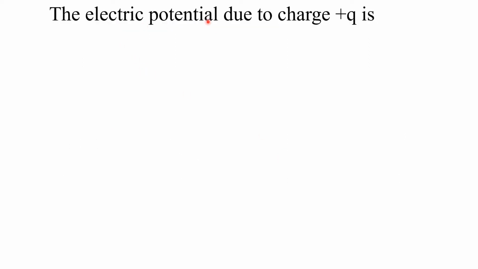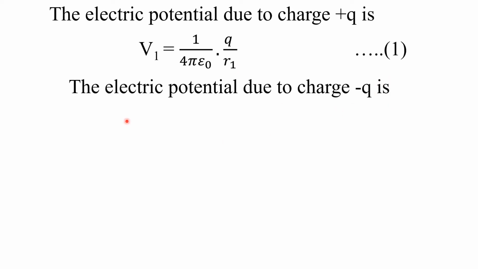Now the electric potential due to the positive charge, because we have two charges, the first one positive and the second one negative. The potential due to the positive charge V1 is equal to 1 upon 4 pi epsilon 0 into Q upon R1, where R1 is the distance of the positive charge from point C. Similarly, the electric potential due to the negative charge V2 is equal to 1 upon 4 pi epsilon 0 dot minus Q upon R2, equation number 2. The dot indicates a multiplication.